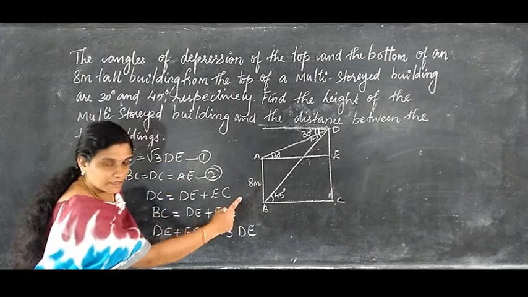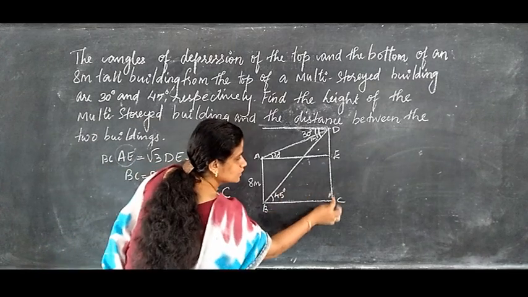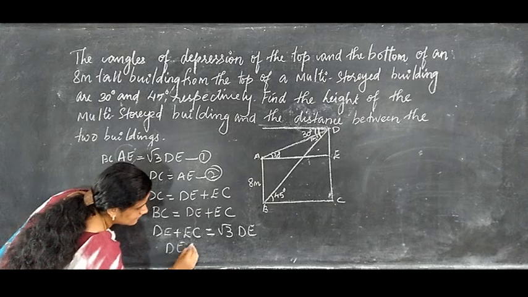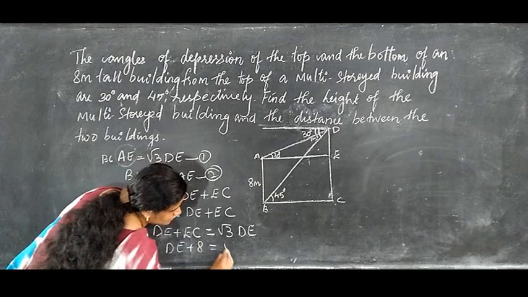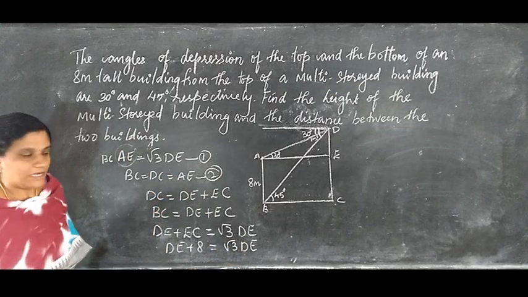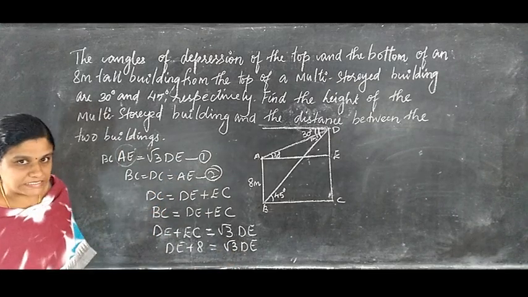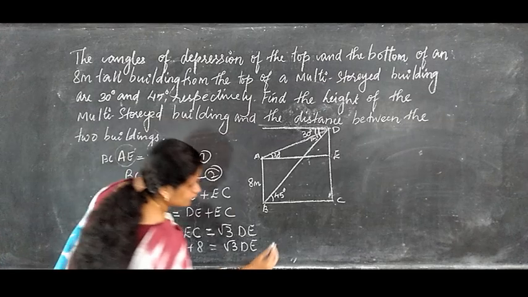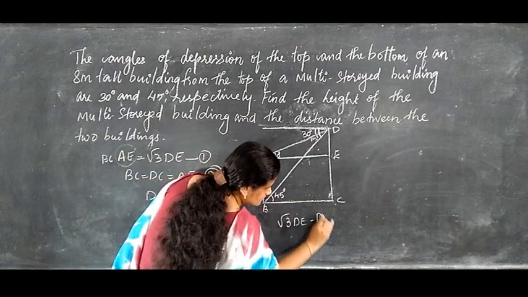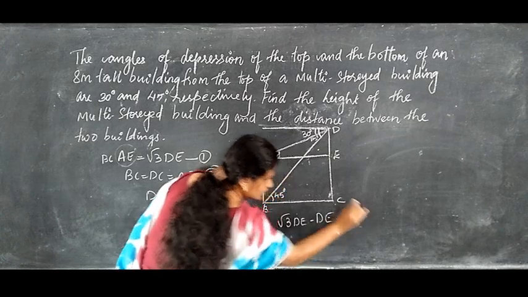From the figure, we know that EC is equal to 8. So how can we write? DE plus 8 is equal to root 3 DE. Now we can take the DE terms to one side. So what do you have? Root 3 DE minus DE is equal to 8.